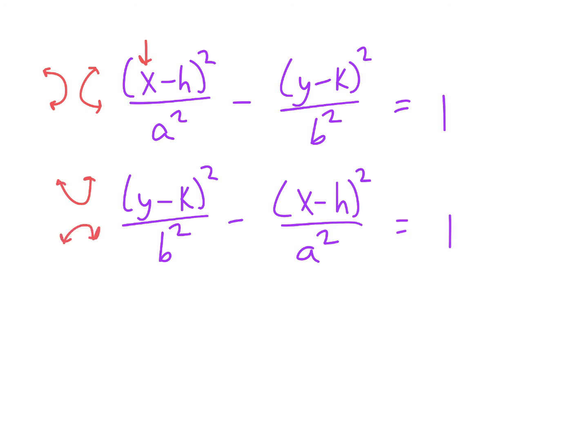So you're always going to have 2 branches, and it's going to be one of these 2 options, determined by which term is written first. Is it the x term, left and right, or the y term, up and down? And then we're still going to use the a squareds and b squareds to help us find the focal distance, which is still c squared. So let's take a look at how that works.